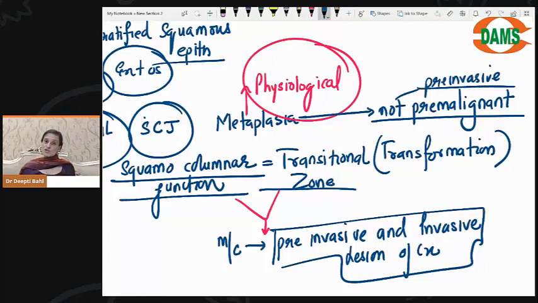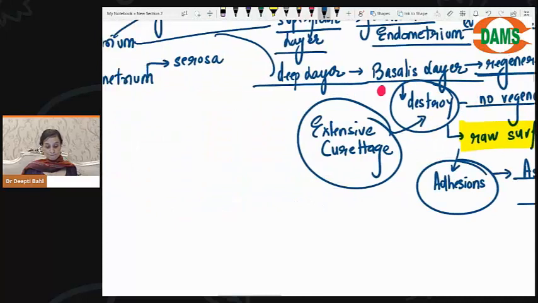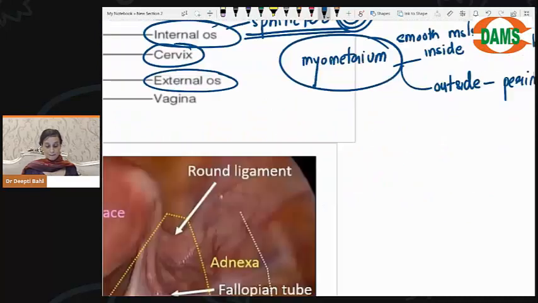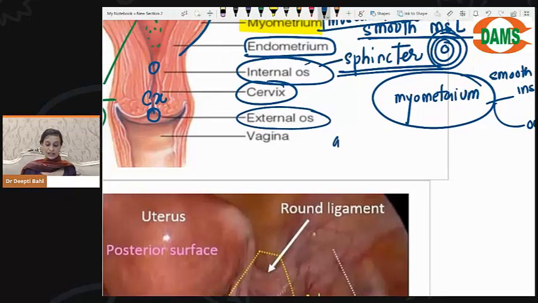Also, when we talk about this, we said the uterus primarily has two parts. Yes, the body, which is the corpus, and the cervix. What you have to know is that when a child is born, right?